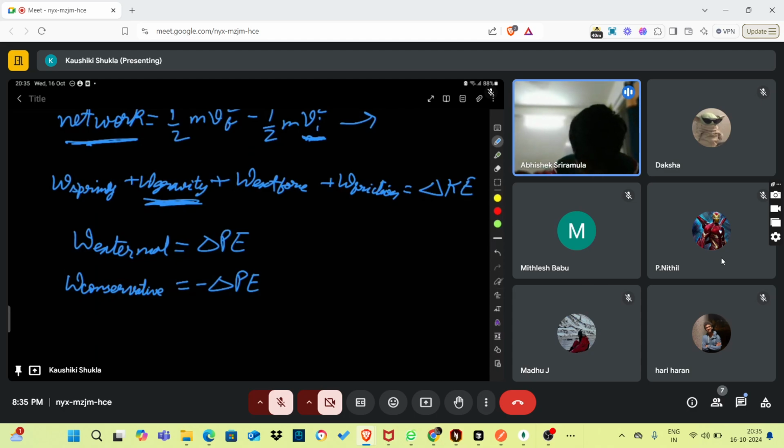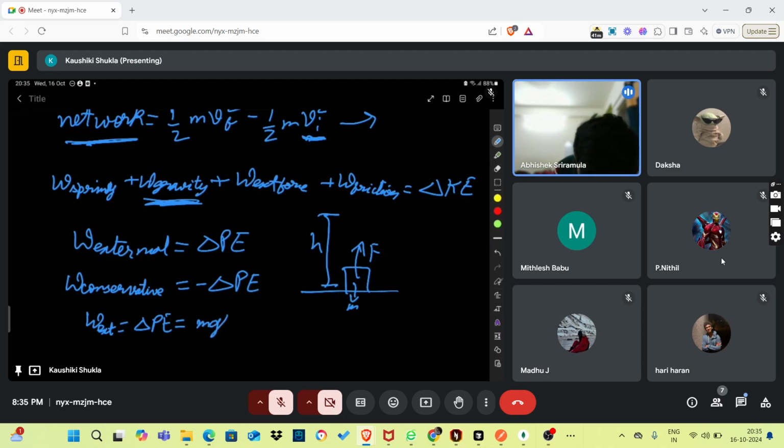So, for example, if we have an external force, it brought this block of mass m to a height h. So the work done by external force is basically the change in gravitational potential energy, that is mgh. This you all know.